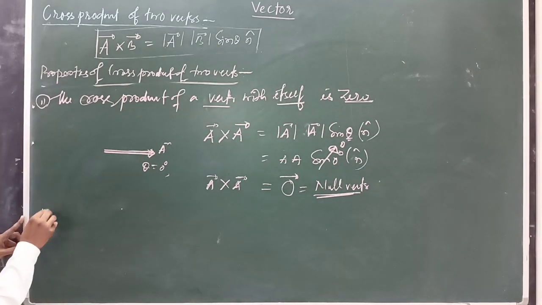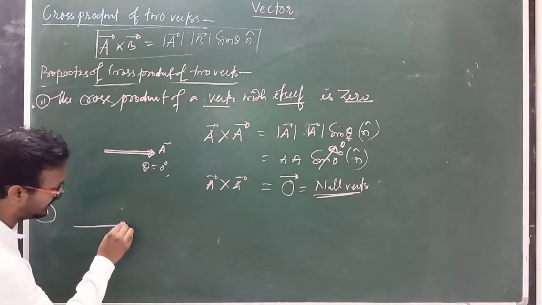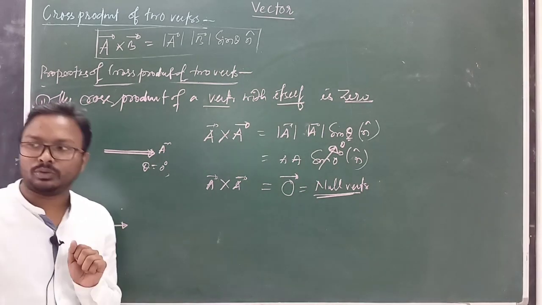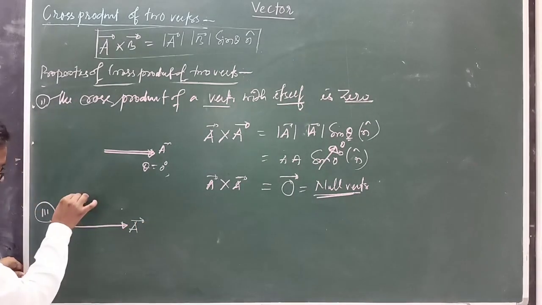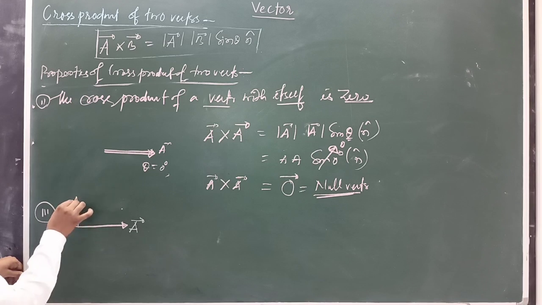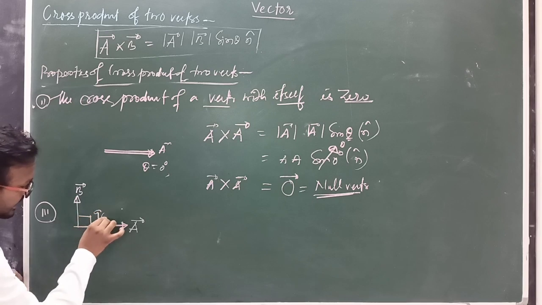Or you can take the third property. Suppose two vectors are perpendicular to each other, here vector A and another vector B, and the angle between the two vectors is 90 degrees.